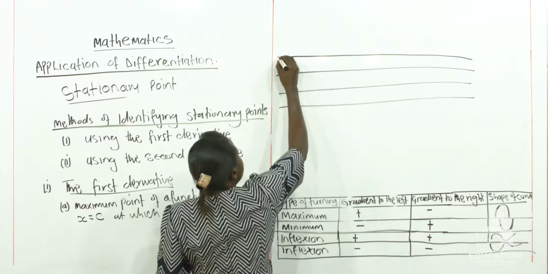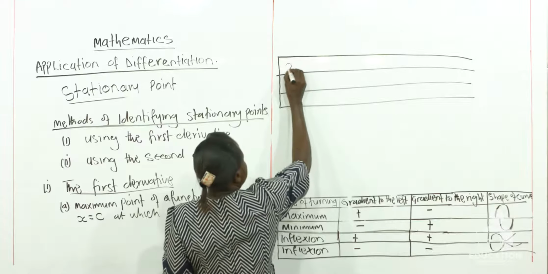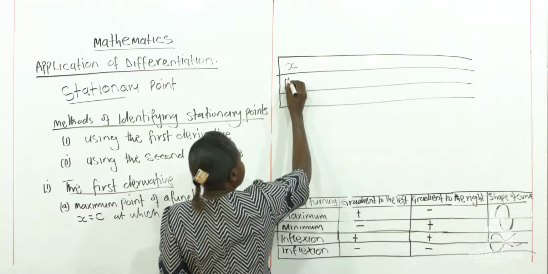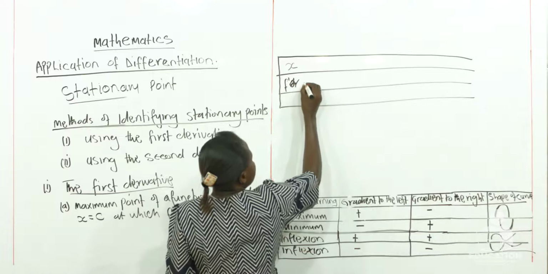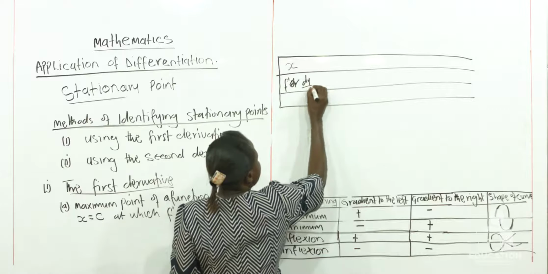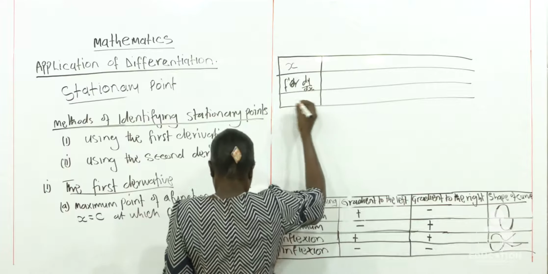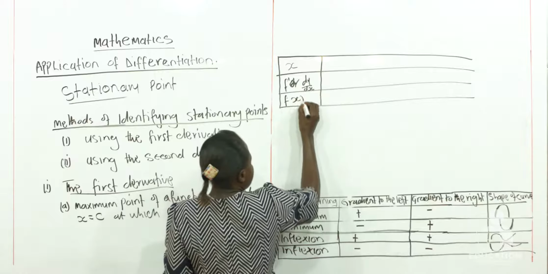So we say this be x, and then we have f1, or you say dy over dx, and then we shall have the function of x.